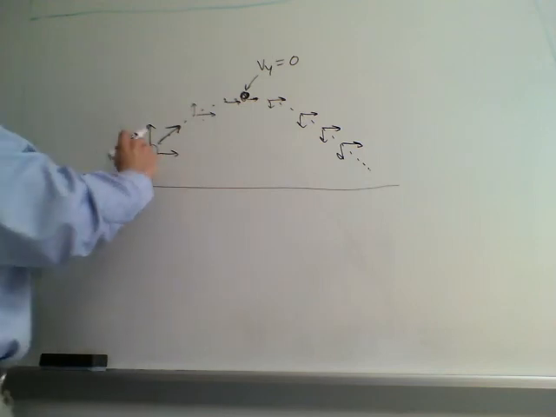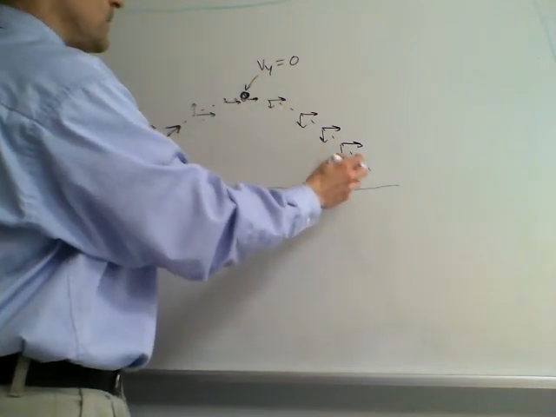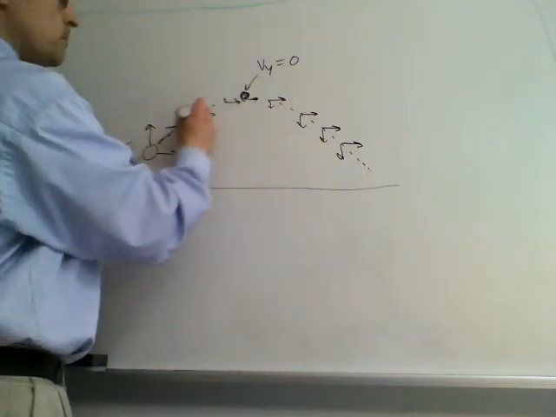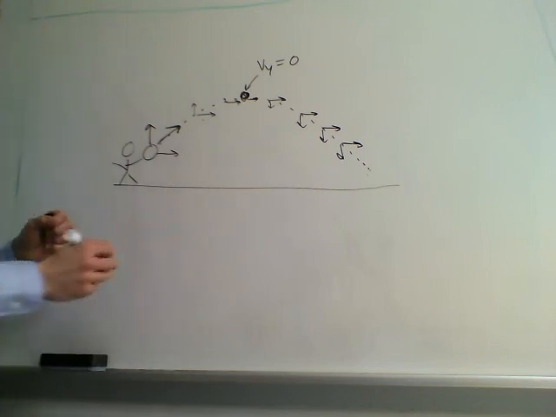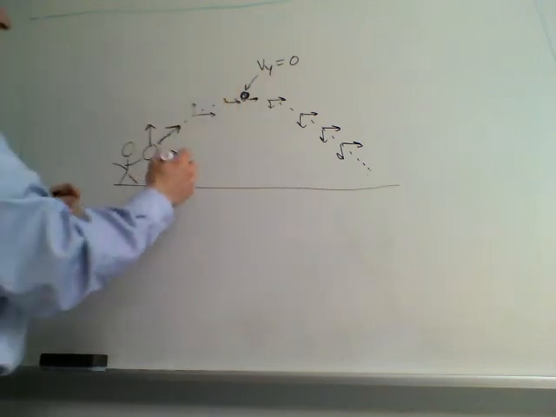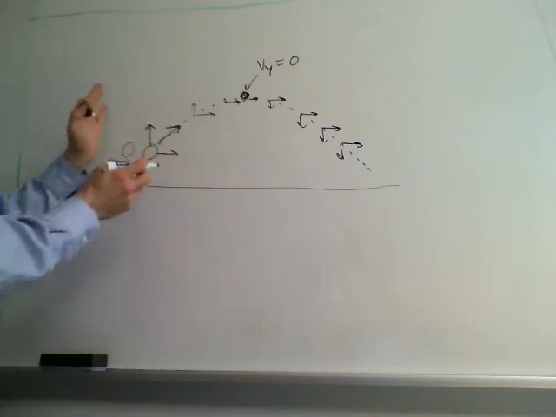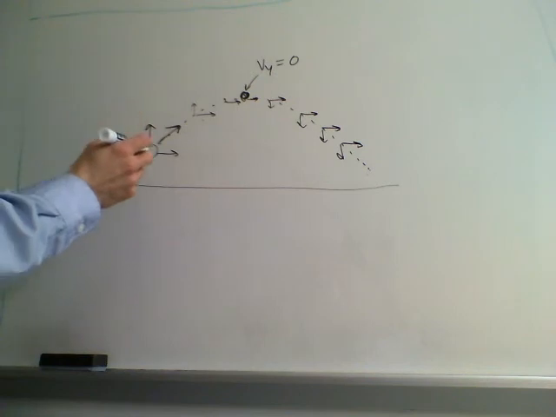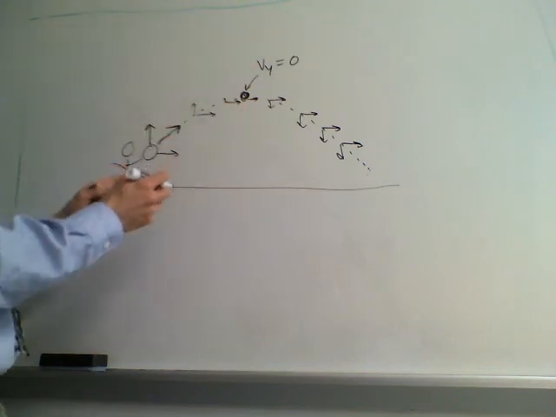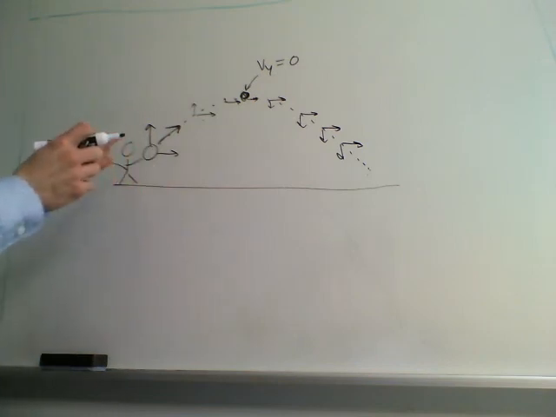And the reason, because gravity needs so much time to slow it down and so much time to speed it up, you get this parabolic shape. Now the shape of the parabola will change with the initial angle of launch, but you'll always get this parabolic shape. But we have to condition that with in the absence of air friction.